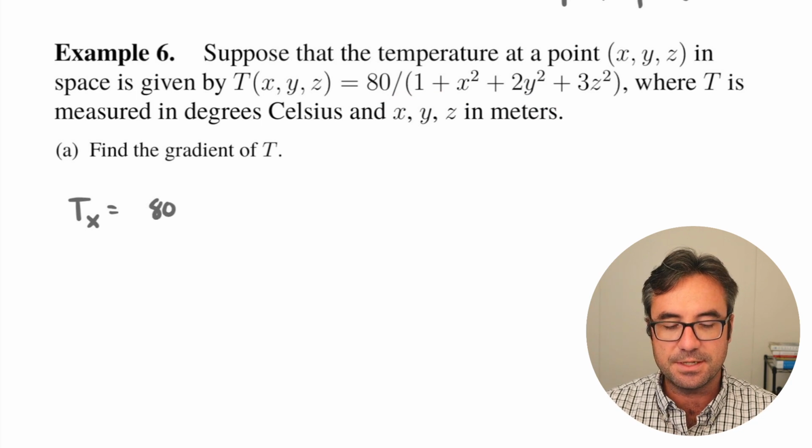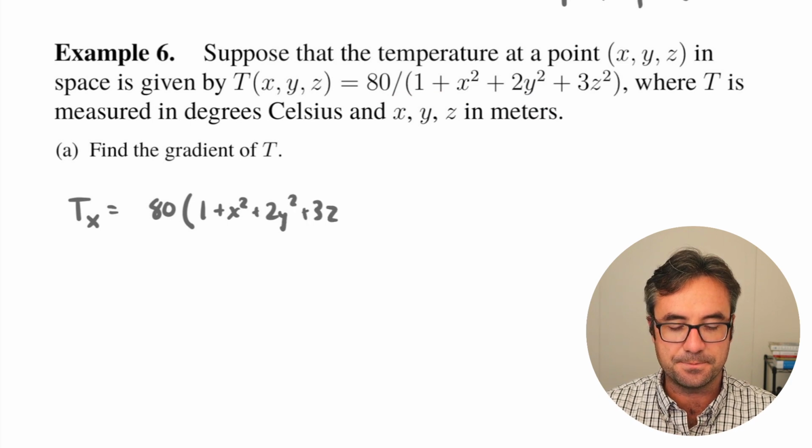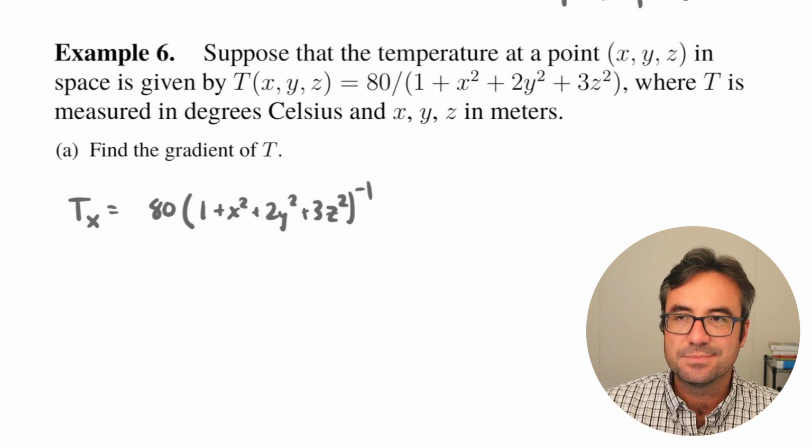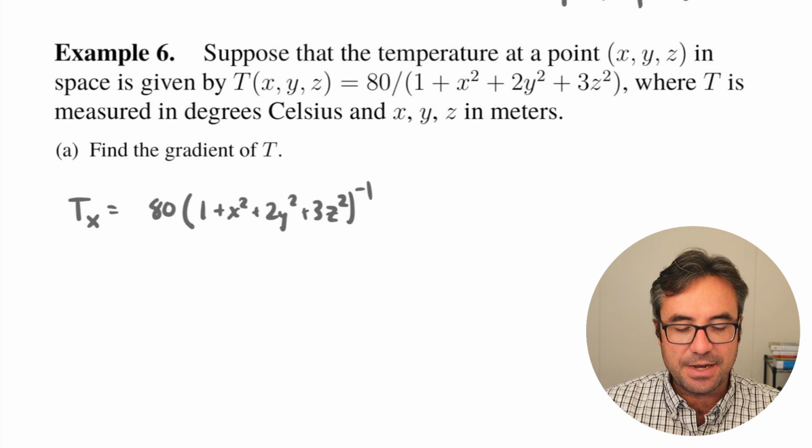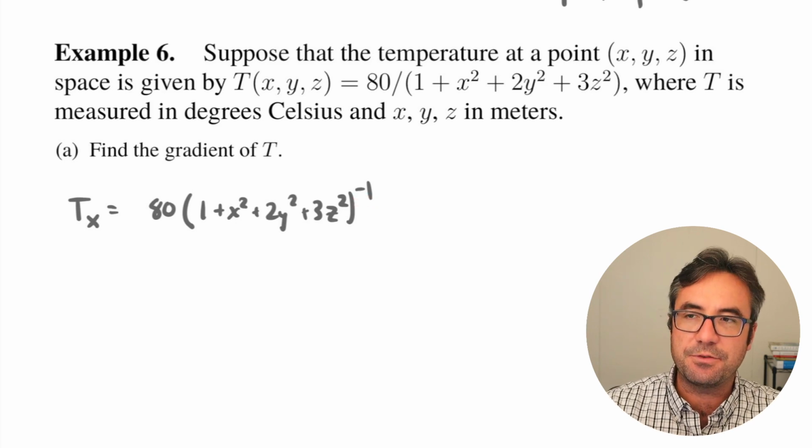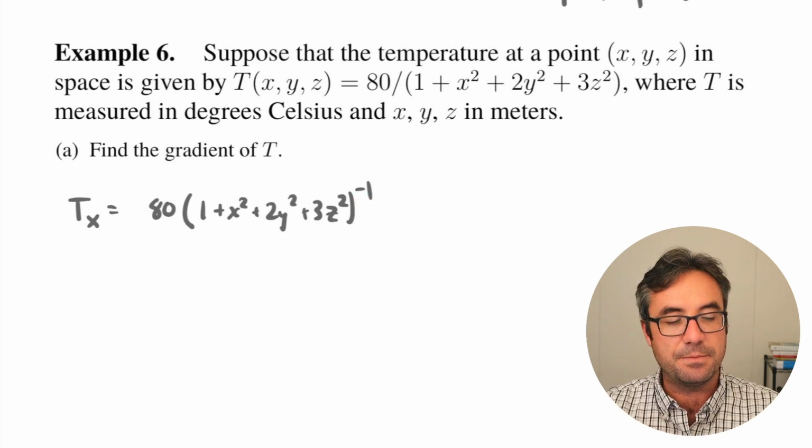So I'm going to rewrite this as 80 times 1 plus x squared plus 2y squared plus 3z squared, raised to the negative 1. Sometimes using a negative exponent is just a little easier. That way we don't have to use quotient rule once we get the derivative.